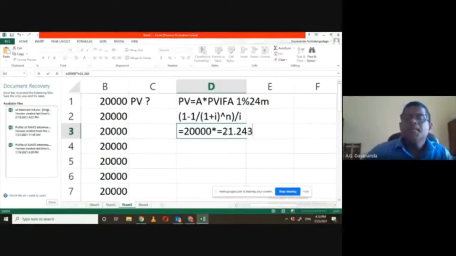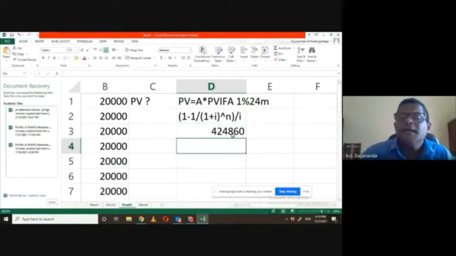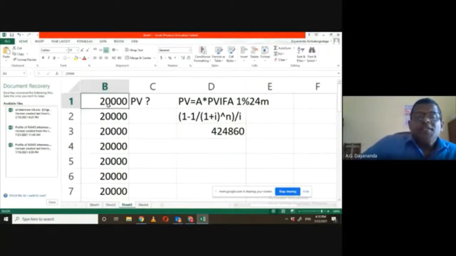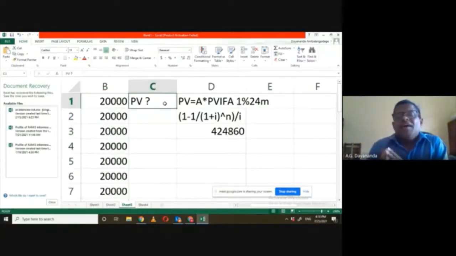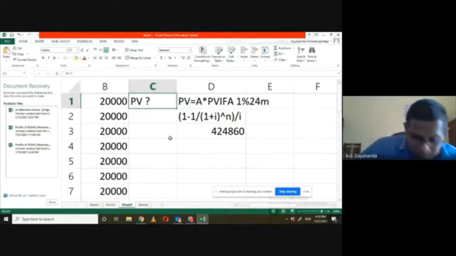No? Right? That comes to 424,860. If you are depositing this much of series of money, what is the worth of today? The present value of all of this is 424,860. That's the answer. Okay? Right.